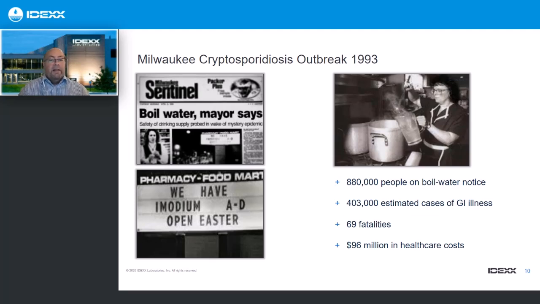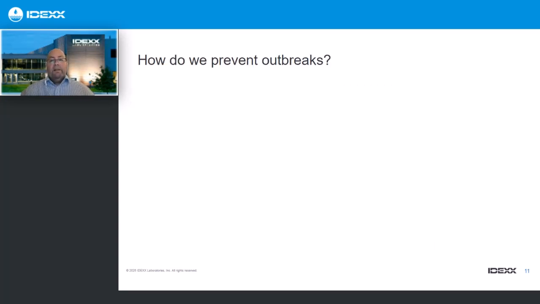There are probably over 400,000 cases of gastrointestinal illness, and that's an estimate because a lot of people would not report this. There were nearly 70 fatalities, and close to 100 million in associated healthcare costs. So it can be a significant risk if there are outbreaks.